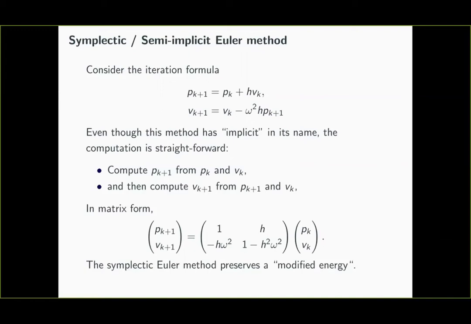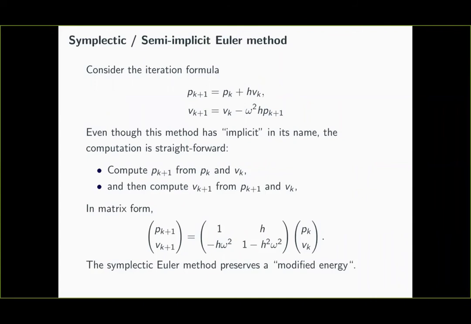And then we compute the approximation at time t_{k+1} as follows, namely p_{k+1}, v_{k+1} equals the matrix vector product with matrix 1, h, minus h omega square, 1 minus h square omega square. Okay, just a matrix vector multiplication at each iteration step.